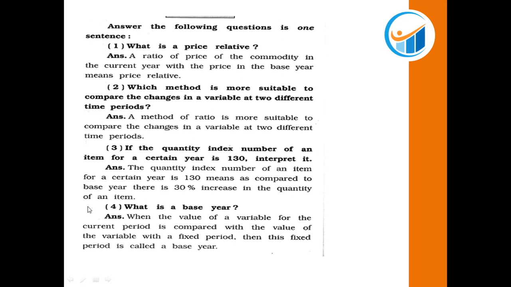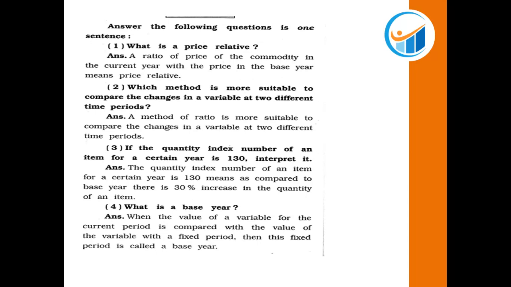Whenever a quantity index number or price index number is given to you compared to the base year, we take base year index as 100. From 130, 100 is deducted. Practically whatever the difference we get, we can say that much percentage increase in the quantity of an item.